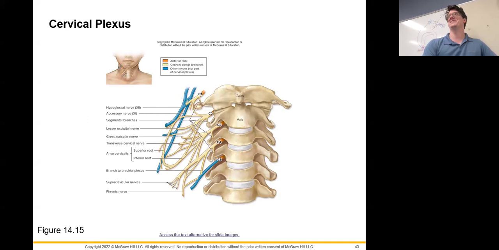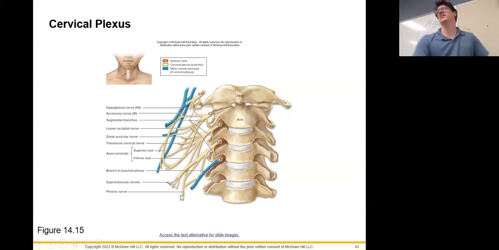So here we have C1, C2, C3, C4, C5, but we've also got some extra nerves coming in right down here and here and here. These two up here are cranial nerves, adding their nervous impulses to the bunch.